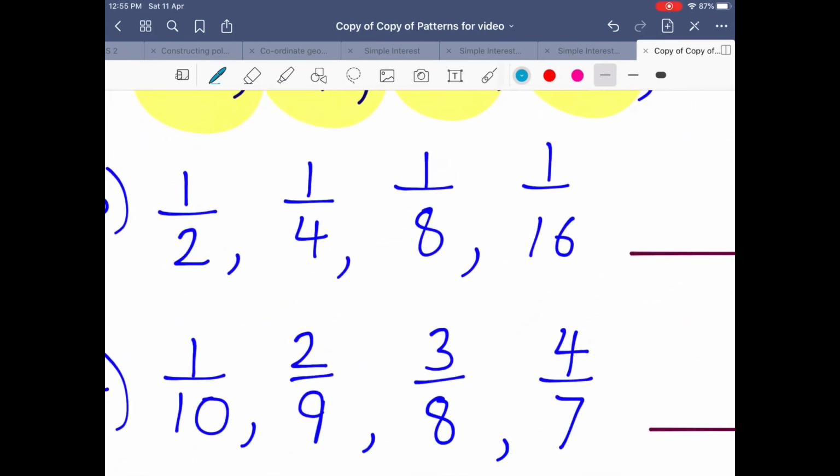So next we see the numerator remaining at 1 and the denominator is being multiplied by 2, or in other words, it's indices where the indices are increasing by 1.